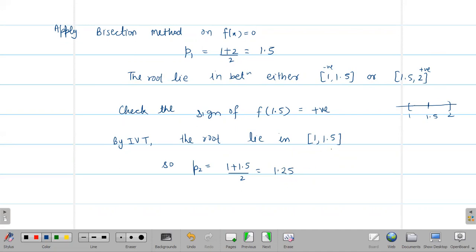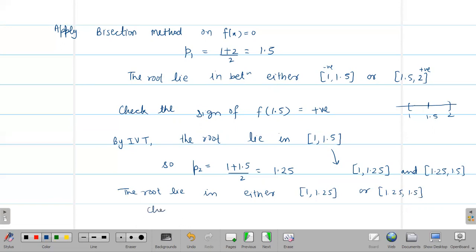So now you have divided this interval into 1 and 1.25, or 1.25 to 1.5. So the root will lie, again you have to write, the root lies in either this interval or in this interval.